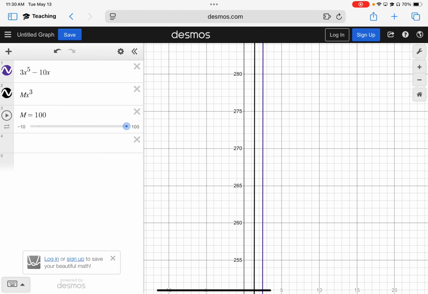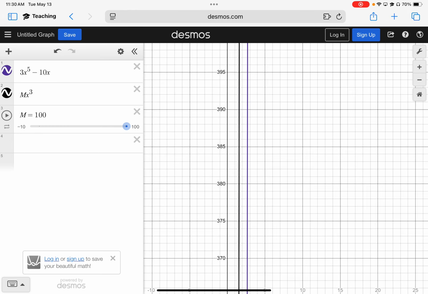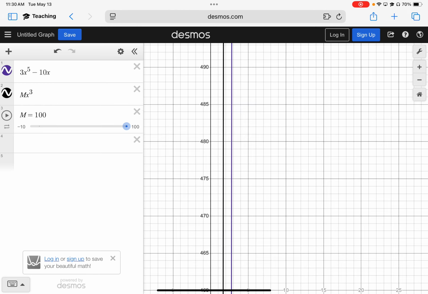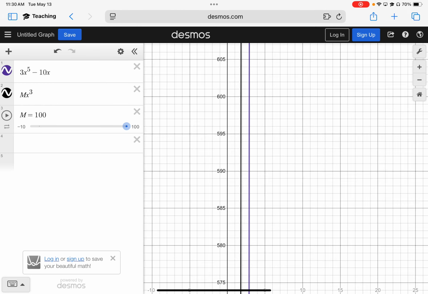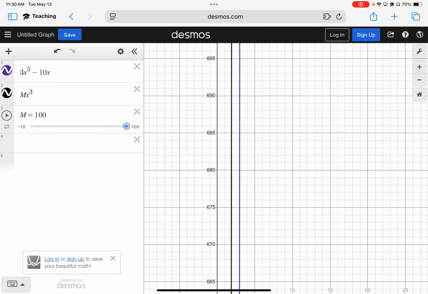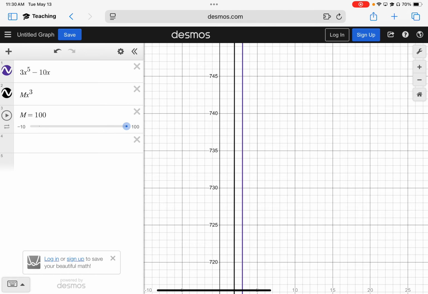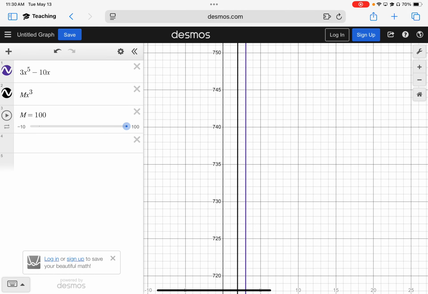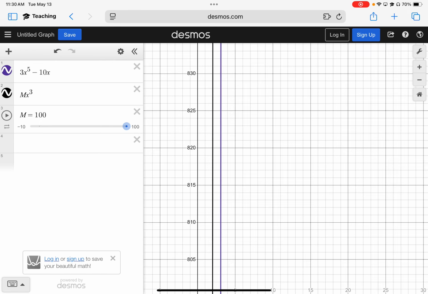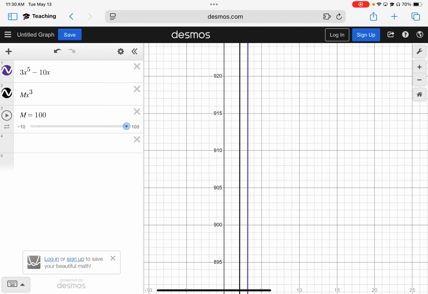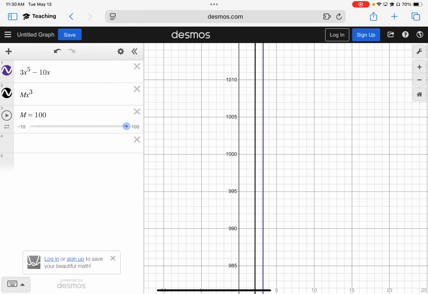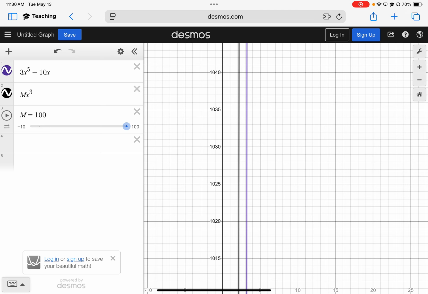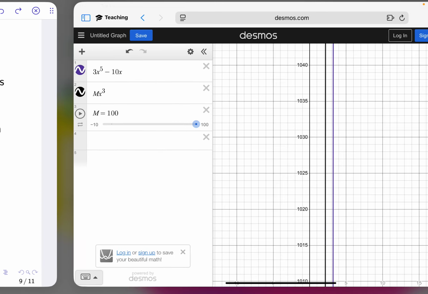I'm not sure if I'm actually going to be able to scroll up far enough to prove my point, but eventually the inequality that defines big O, that 3x to the power of 5 minus 10x is less than or equal to x cubed, will become false. I'm going to stop scrolling up, but trust me, it works.